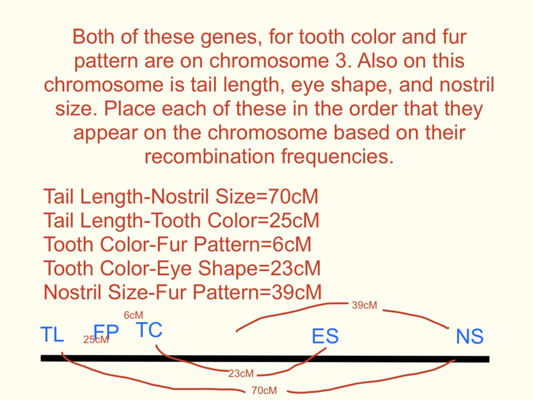But then later on you would have seen at the very end, oh, nostril size and fur pattern is 39 centimorgans. Well, if it's there, you can add up the ones in between, the 6, the 23, and then take the 70, and you're like, whoa, this isn't quite making sense here. So that's how we figure out, oh, okay, this fur pattern is on this side.